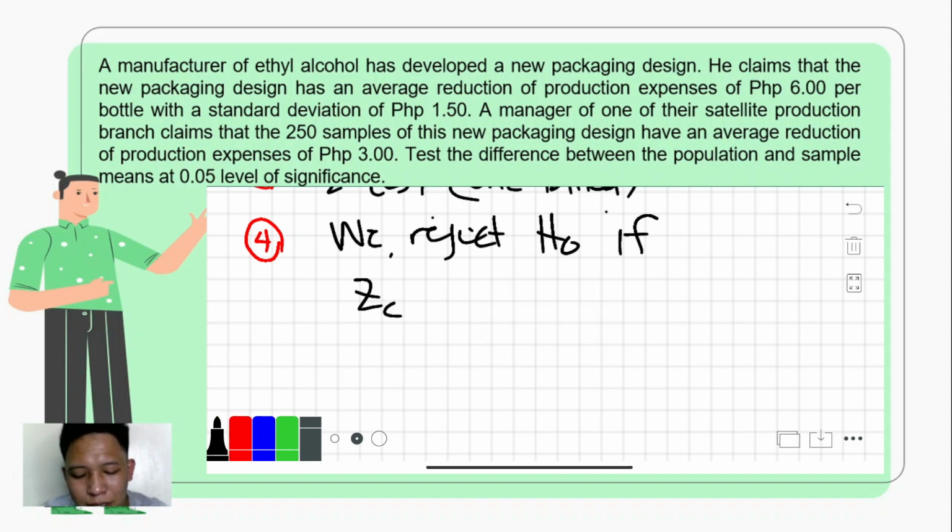Our Z computed should be less than the negative of our Z alpha.